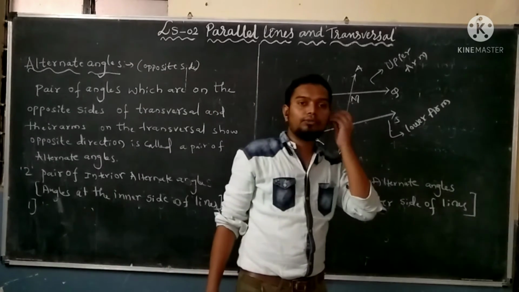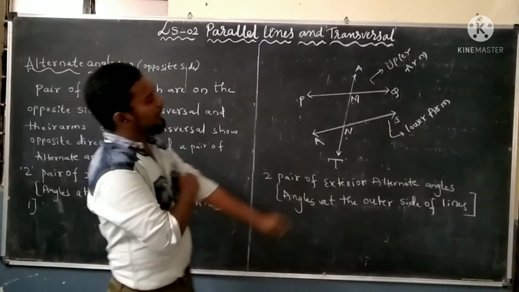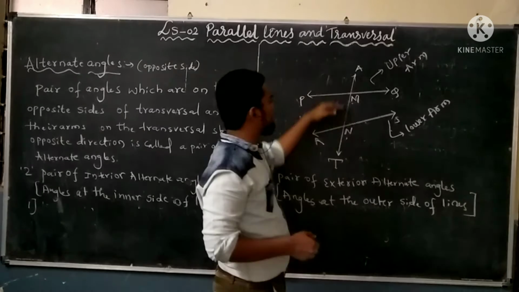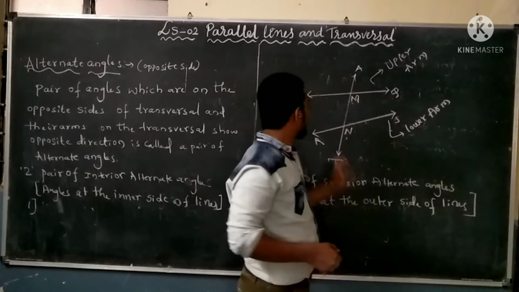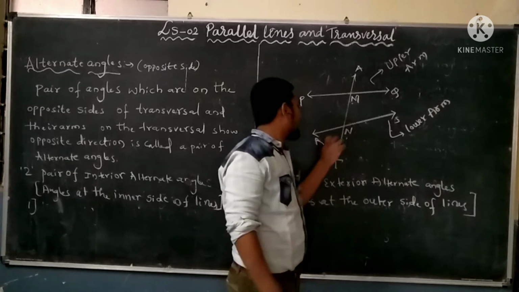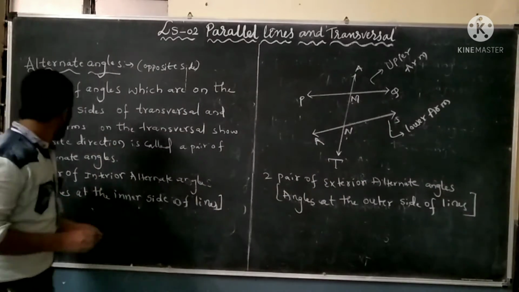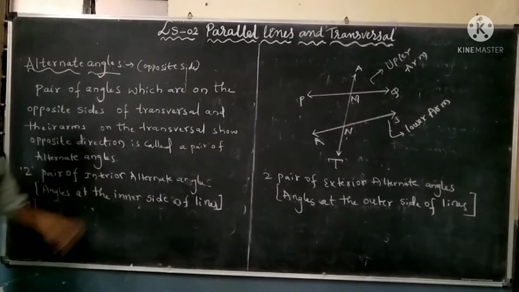The interior angles in the upper arm are P and Q, and in the lower arm the interior angles are R and S.